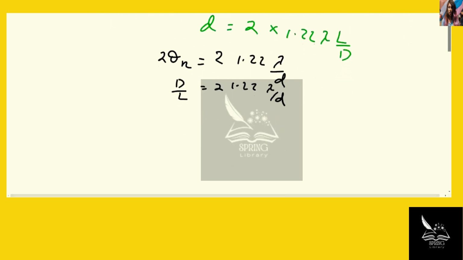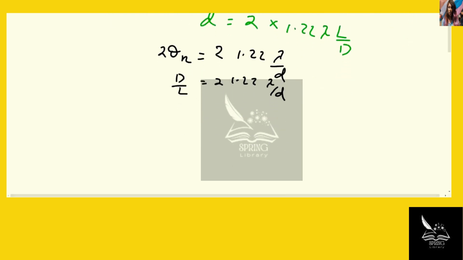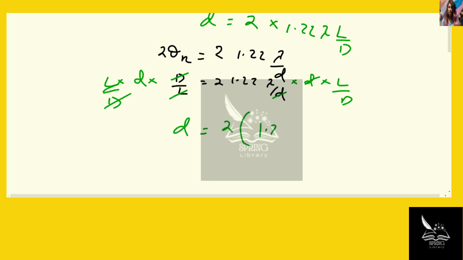That makes our life easier because we can multiply both sides by d, and then multiply both sides by L over D. We're simplifying this problem. These cancel out, and now we're solving for d is 1.22 times lambda L all over D. This will help us simplify the problem.